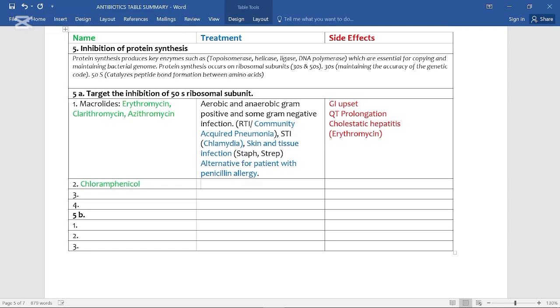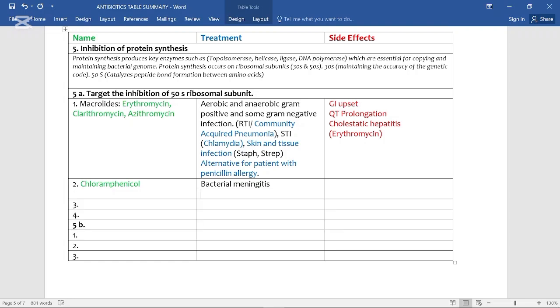And one of the indications of using this drug is dealing with bacterial meningitis. Why? This drug, just like ceftriaxone, is very good at penetrating the central nervous system. So it can be effective when it comes to dealing with clients with bacterial meningitis.